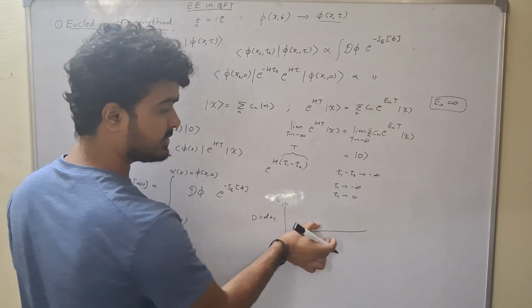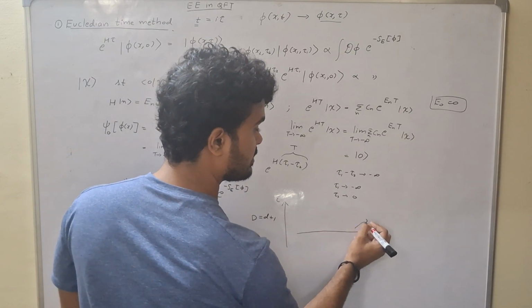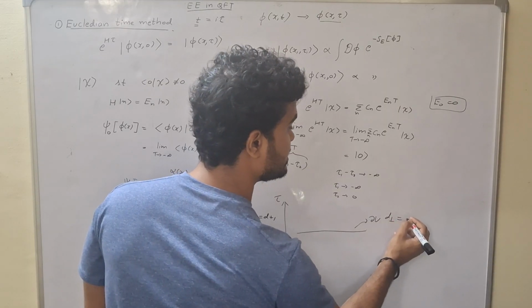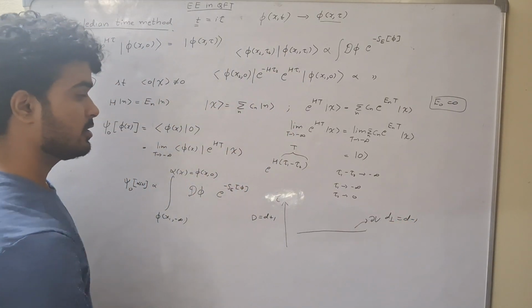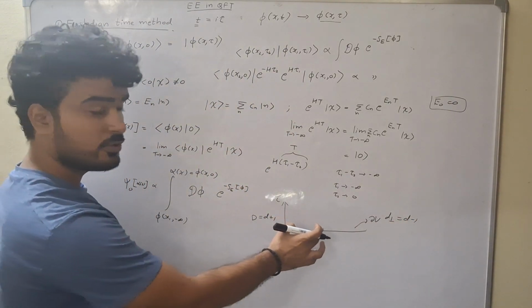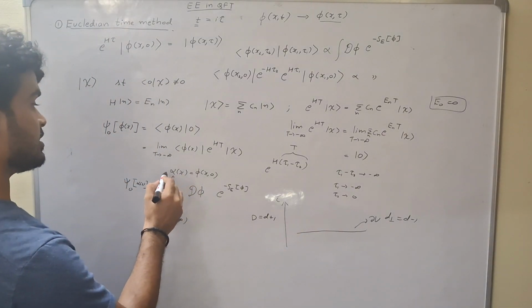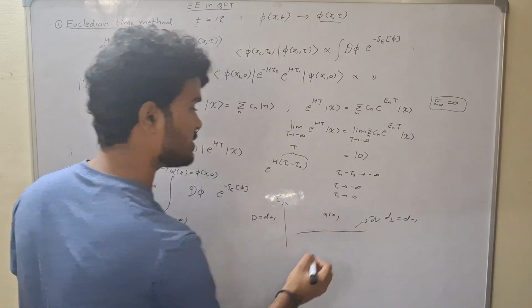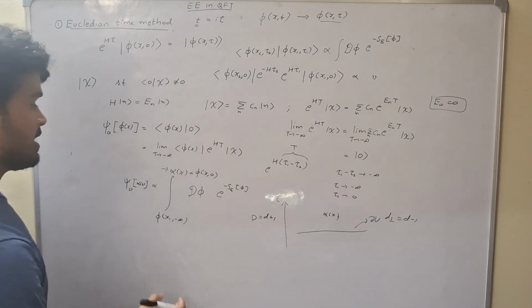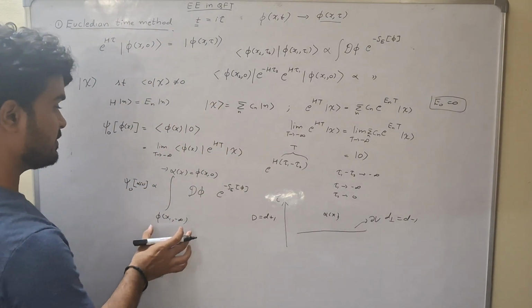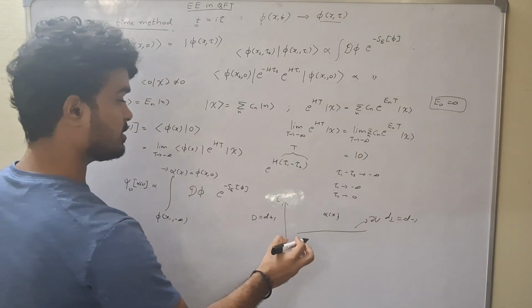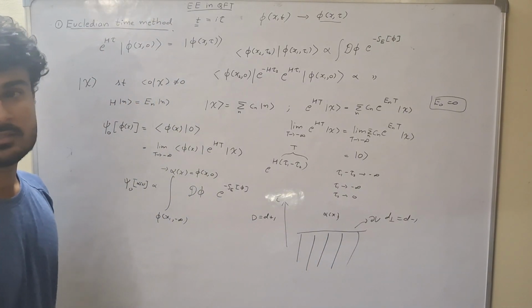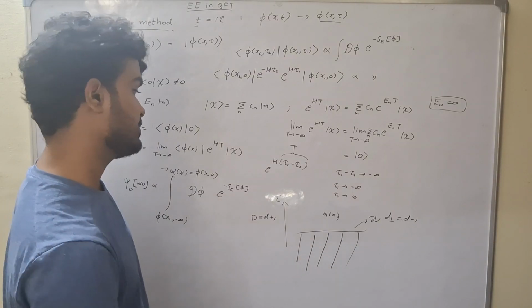This is one boundary, del V, of dimension d minus 1. The configuration of this boundary is governed by this function alpha x, right? And to get the ground state, we will integrate our path integral in this region. This will give you the ground state.